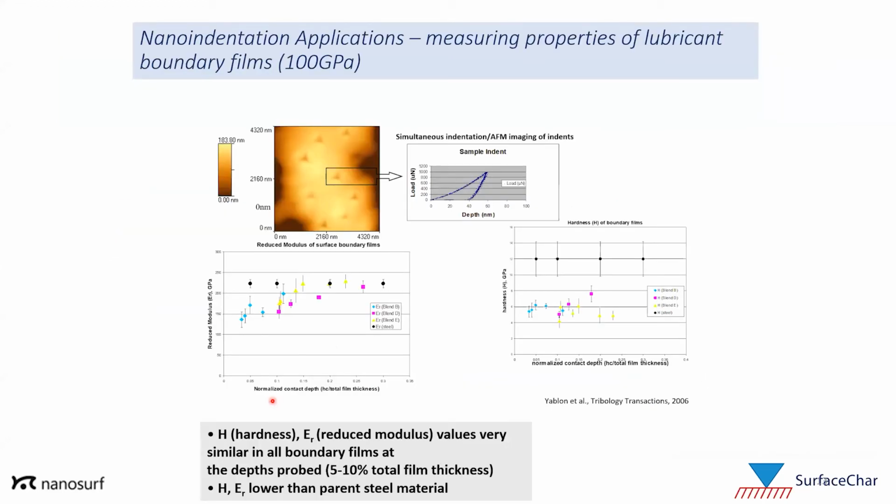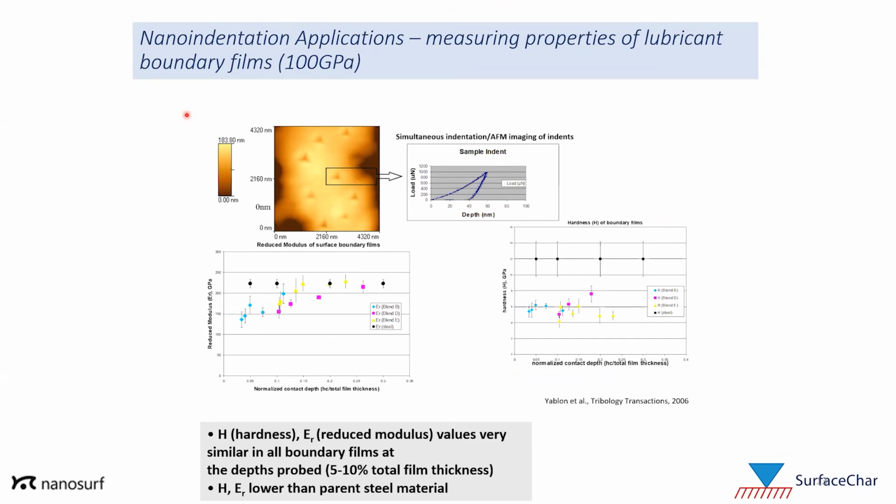Okay, so now that I've outlined some of the thought process that goes into determining one technique or another, I just wanted to go through some applications where you can see how they're used for different materials and different measurements. So the first is an instrumented nanoindenter measuring the properties of lubricant boundary films.